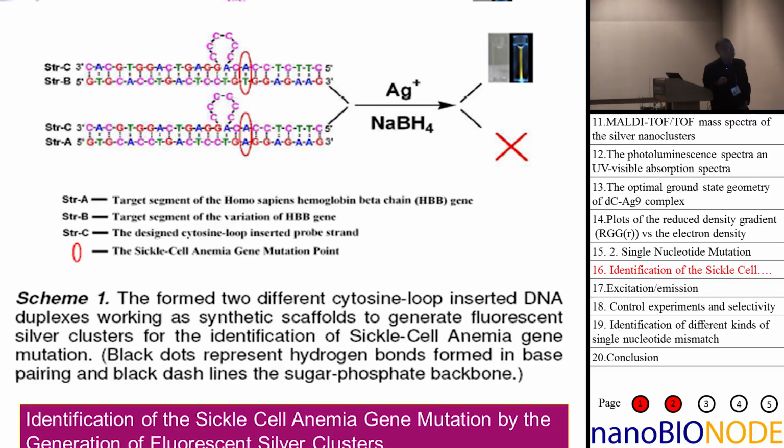In this way, changing one base from T to A, we can get fluorescence or no fluorescence. So this technique can be used for the identification of the sickle cell anemia gene mutation by the generation of fluorescent silver nanoclusters.